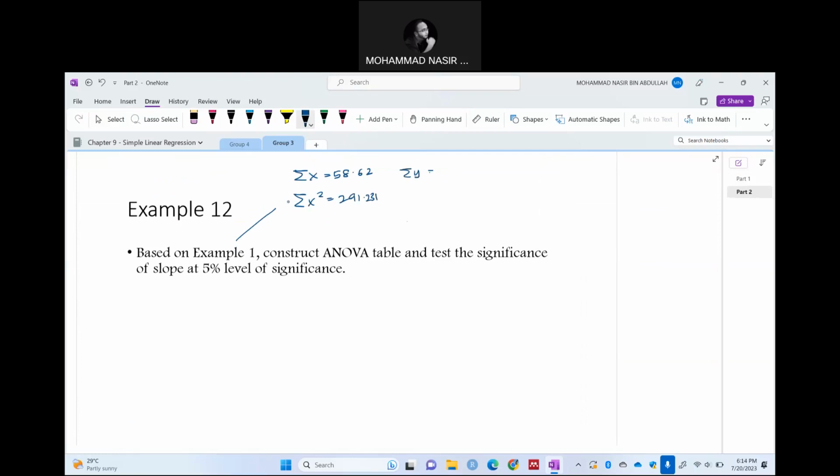Summation of y equal to 34.15. Summation of xy, 169.2532. And last, summation of y square, which is 98.6967. And n is equal to 12. This is based on last week's example.